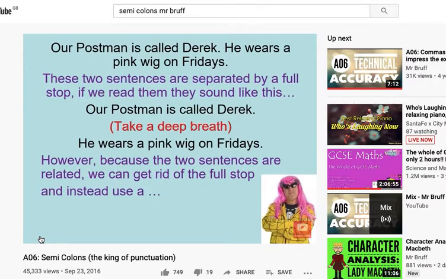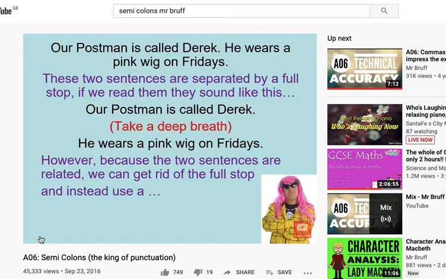So let's have a look at this couple of sentences at the top here. Our postman is called Derek. he wears a pink wig on Fridays. Now, these are two sentences that at the moment are divided by a full stop, and therefore we would take a breath between the two sentences and read it like this. Our postman is called Derek. He wears a pink wig on Fridays.